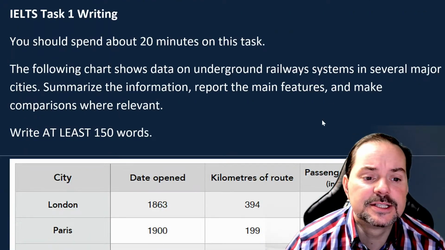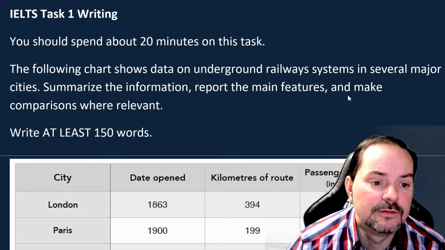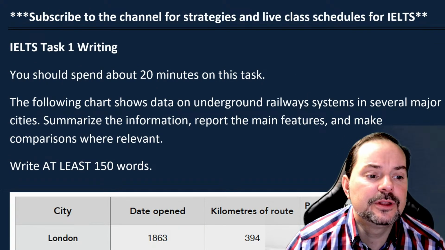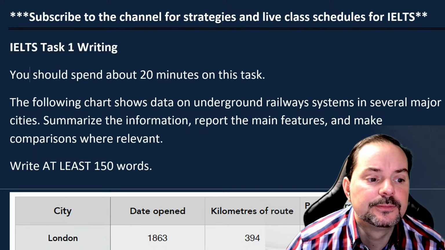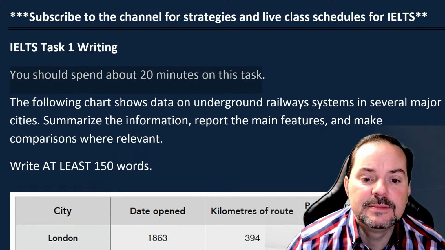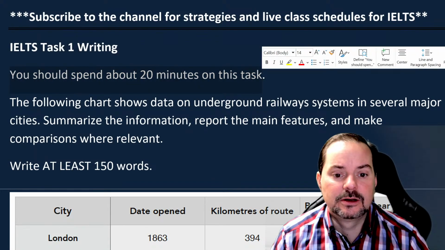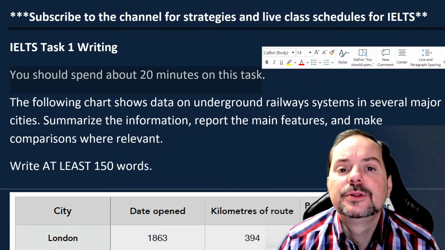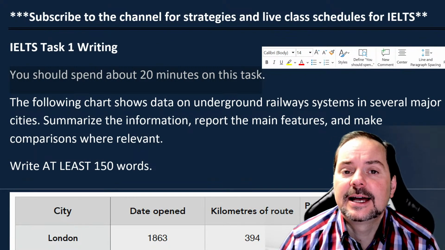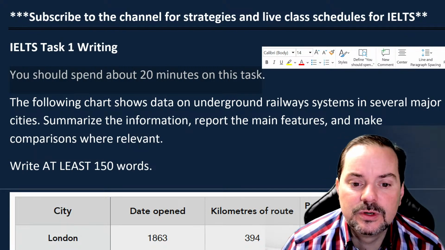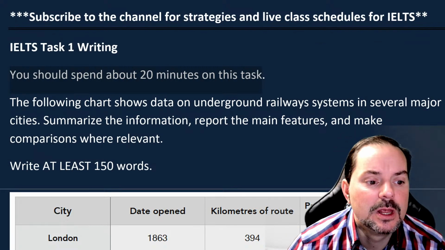This is the IELTS Task 1 question of the day. Read it with me, everybody. IELTS Task 1 writing. You should spend about 20 minutes on this task. Of course, as many of you know, the writing section has two tasks, Task 1, Task 2. Task 1 is 20 minutes, Task 2 is 40 minutes.